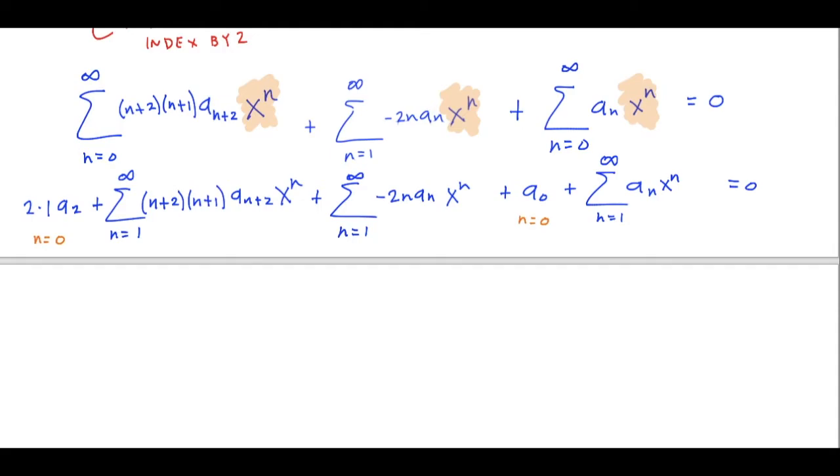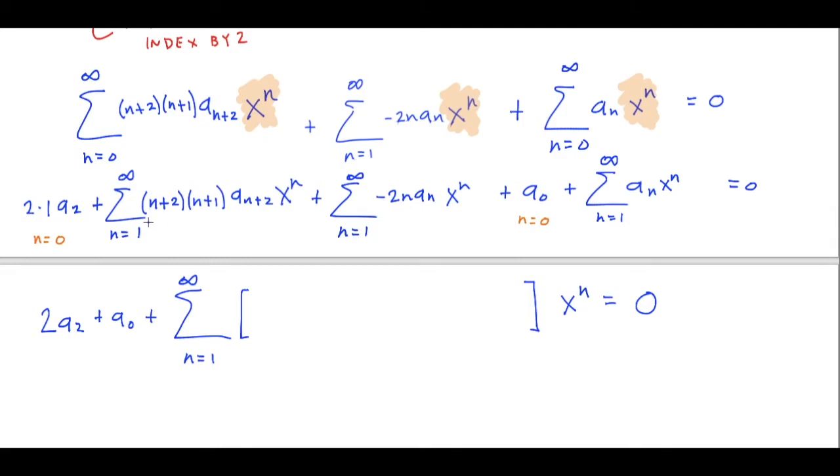So now I have successfully restructured all 3 series so that they all start with the same index and they all have the exact same power term. I'll move these extra terms that I peeled off out front, and then from these 3 series I will now factor out the x to the n. So again, I'll be writing these 3 series as a single series, and I'm going to factor out the x to the n.